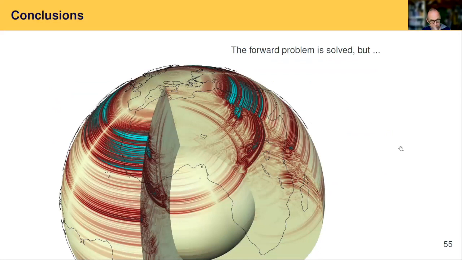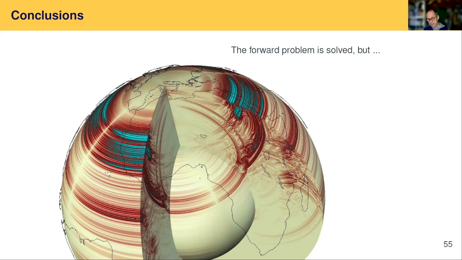Let me finish by saying that all this indicates, and that's a graphic of Martin van Driel, who was Tarje's student, that the forward problem is solved, but there are still a lot of problems. In particular, things we haven't talked about, like mesh generation. If you have a complicated geometry, that's a big issue.